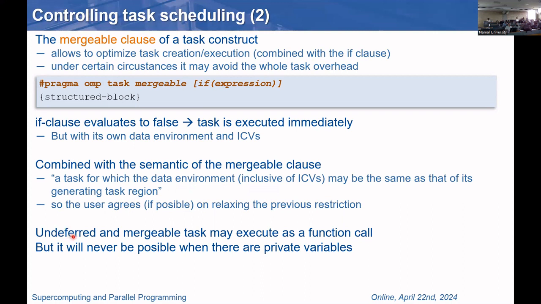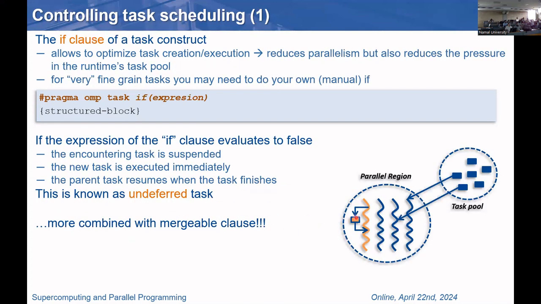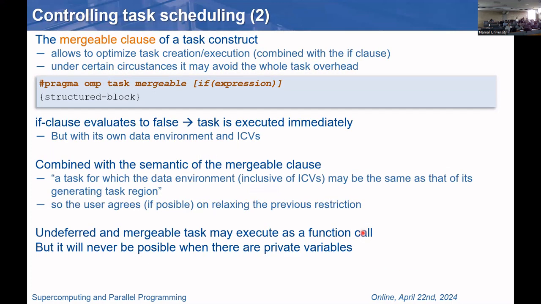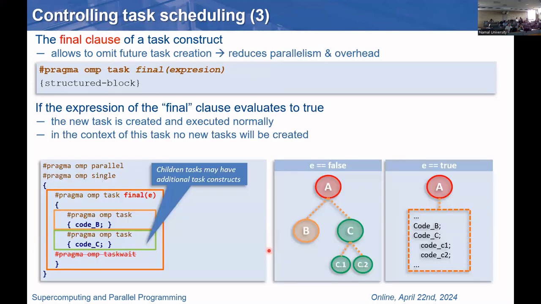So a task that is undeferred and mergeable may execute as a function call. In this case, it would just execute the task as a function call. But this will never be possible when there are private variables. If there are private variables, then the task will not be executed as a function call because it would lose the semantics. Very good.